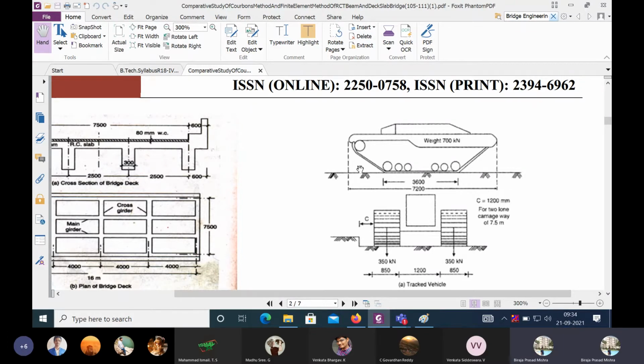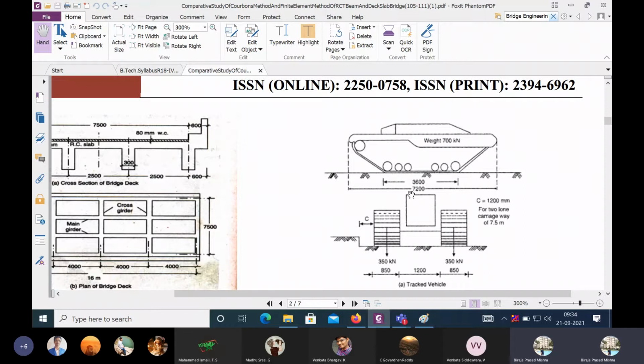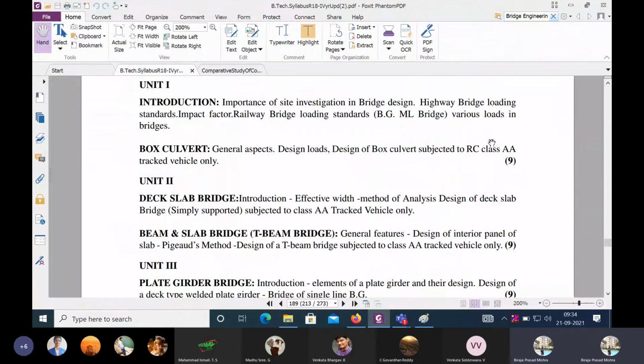The overall distance from the front end to the back end of this tank has been taken as 7.2 meters. So we will be designing a box culvert which will have an equivalent load of 700 kilonewton.